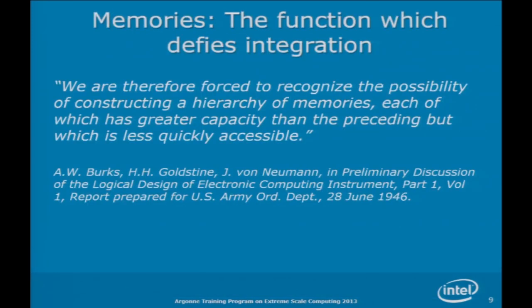I found this quote from, it's actually several people, but the one I recognize is John von Neumann. This is from 1946, where he says, we are therefore forced to recognize the possibility of constructing a hierarchy of memories, each of which has greater capacity than the preceding, but which is less quickly accessible. That was 60-some years ago, and it's an unbelievable insight.